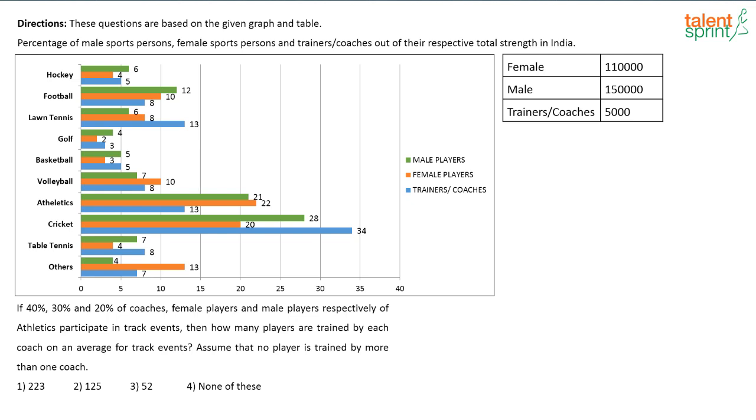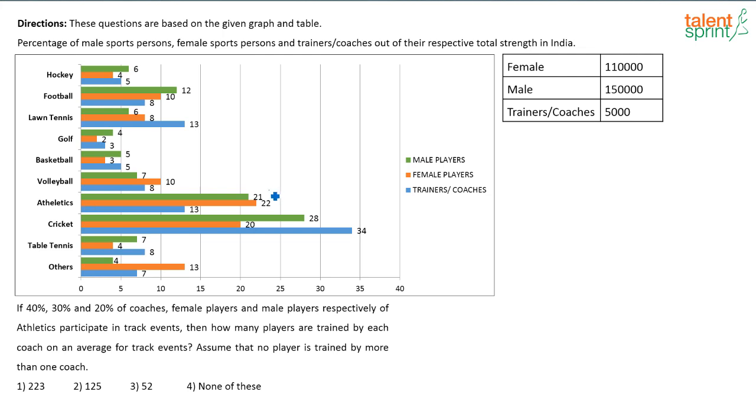If 40%, 30% and 20% of coaches, female players and male players respectively of athletics participate in track events, then how many players are trained by each coach on an average for track events? Assume that no player is trained by more than one coach. So where is athletics?